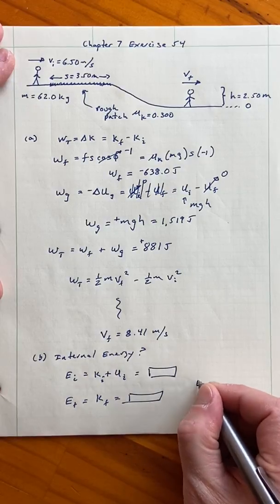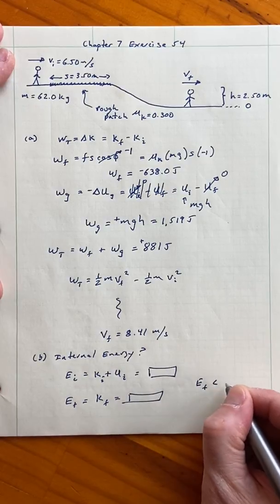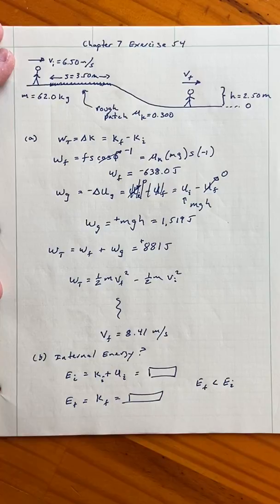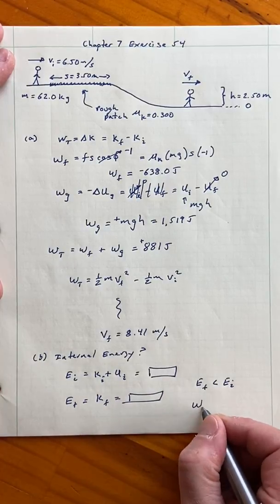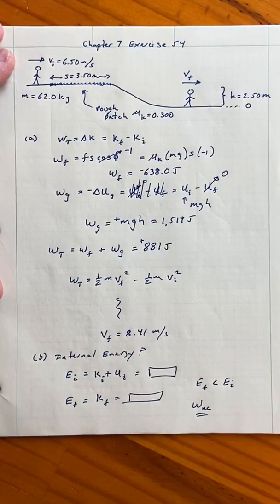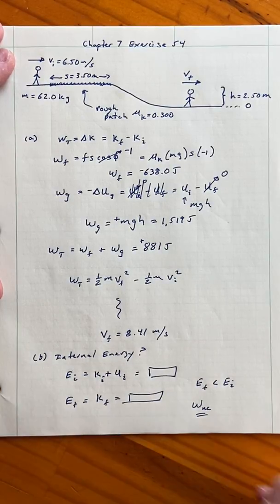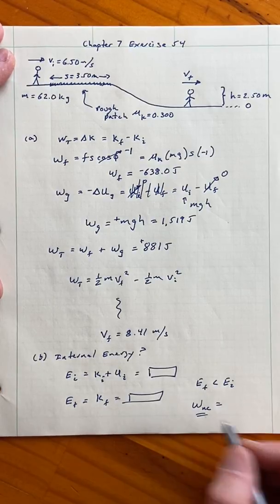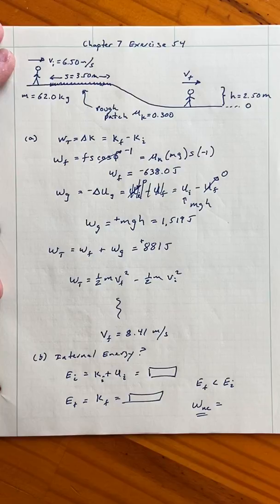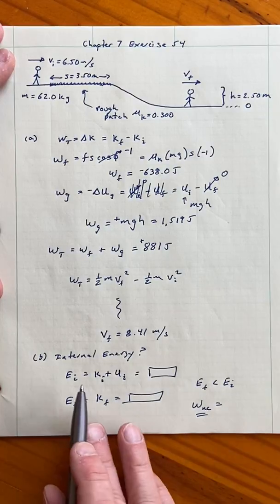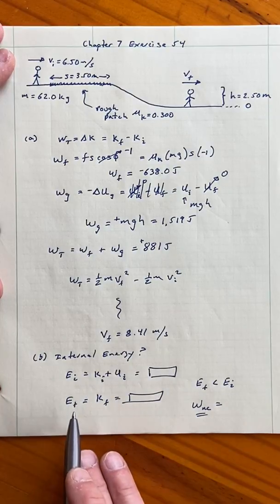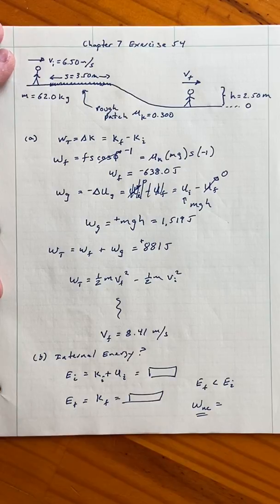In fact, you're going to find that the final mechanical energy is less than the initial mechanical energy, and the difference between the two is the amount of non-conservative work that's done. That's what the problem refers to as internal energy. But if you want, you can calculate the amount of non-conservative work done on the skier. It'll be the difference between the initial energy and the final energy calculated in the usual way.